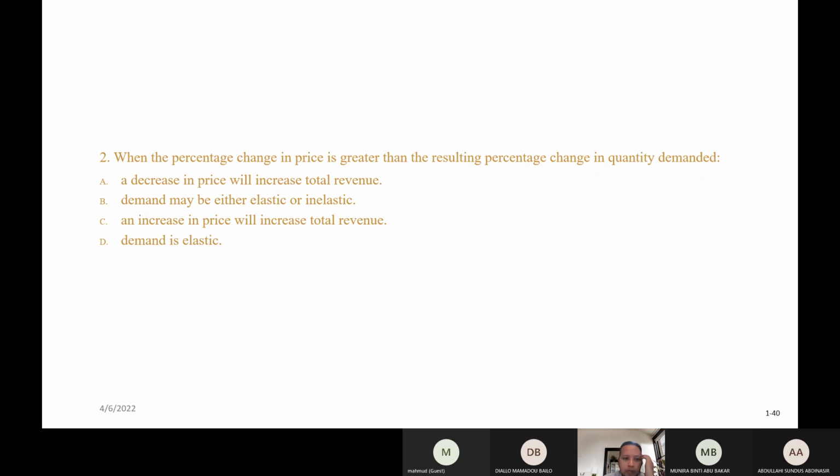When the percentage change in price is greater than the resulting percentage change in quantity demanded, then what is it? A, B, C, D. D. Demand is elastic. Why do you say D?